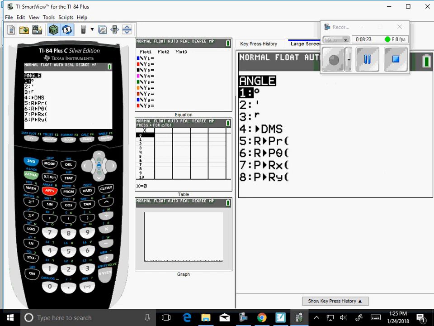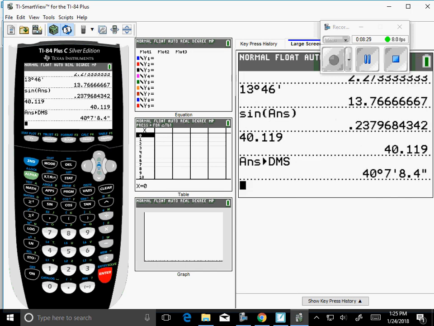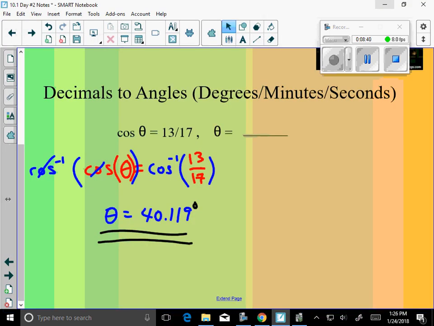And what do you think DMS stands for? Yeah, degrees, minutes, seconds. So it will convert it for you, and there you go. There are your degrees, minutes, seconds. That's your answer for that problem given. 40 degrees, 7 minutes, 8.4 seconds. And that be that.